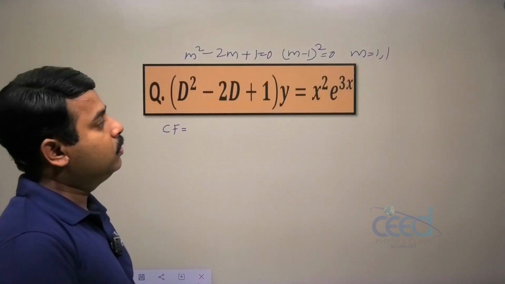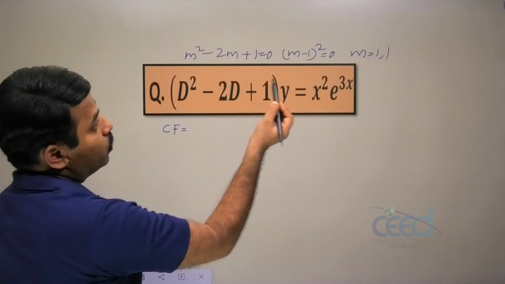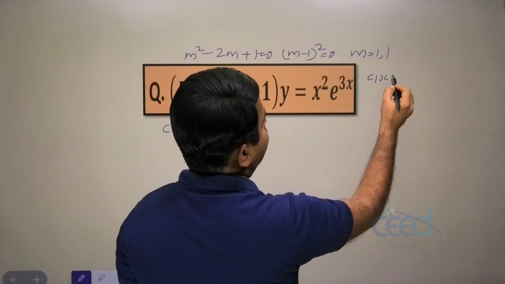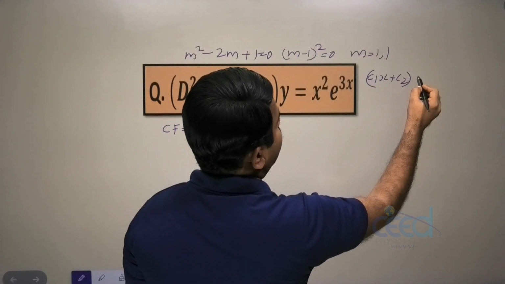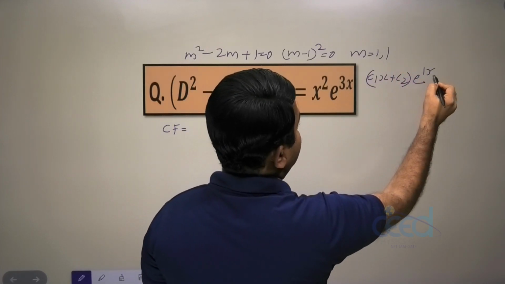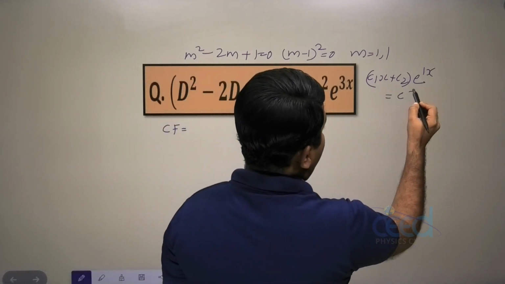Alright. So when both solutions are equal, we write c1 x plus c2 into e raised to m1 x, m1 and m2 being equal to m only, that is e raised to 1x. This is the complementary function.